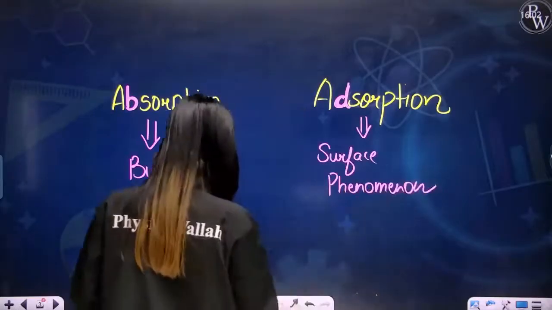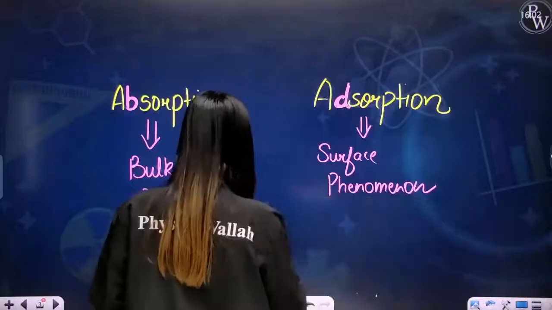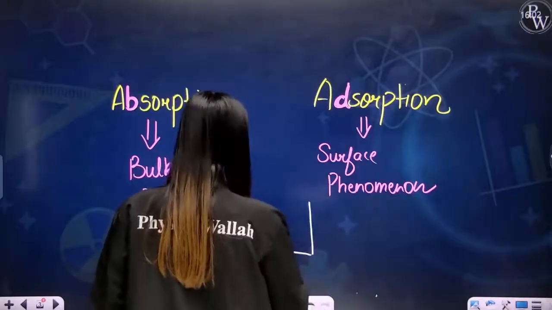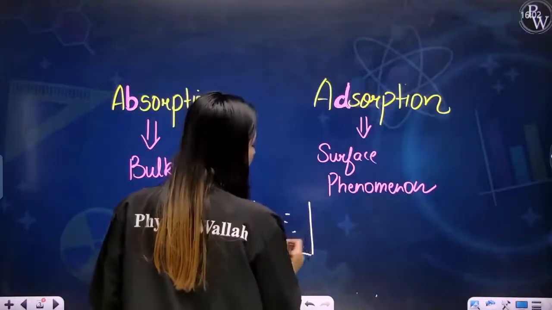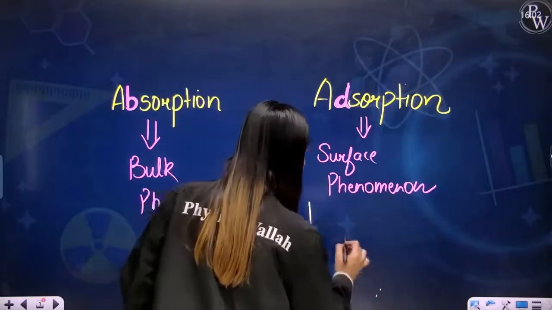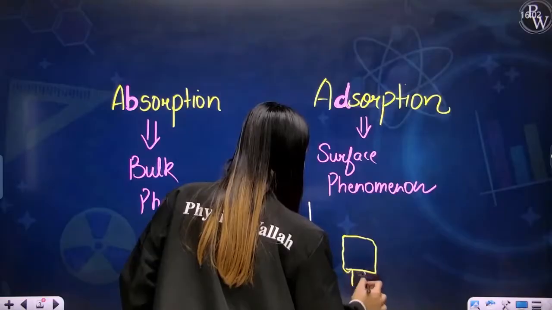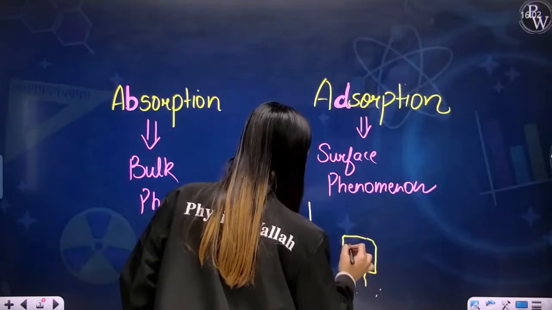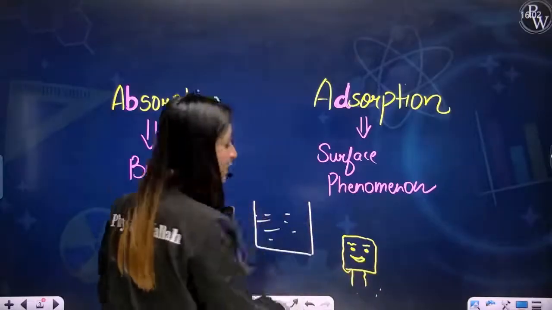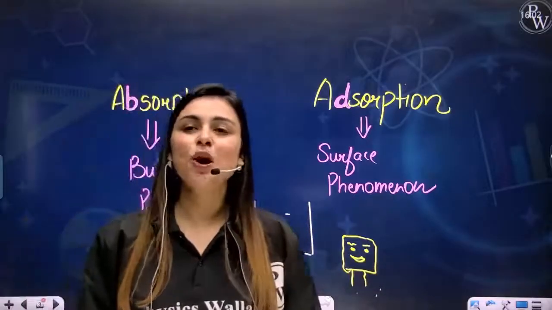You all might have seen that cartoon where, let's say this is water, and let's say this cartoon is here. I'm trying to draw it. Just let me see if you can guess or not. This is SpongeBob SquarePants.